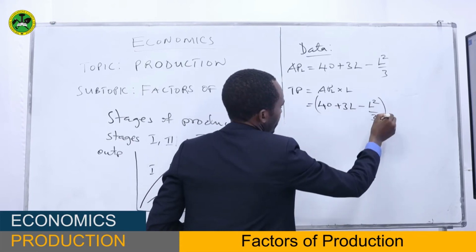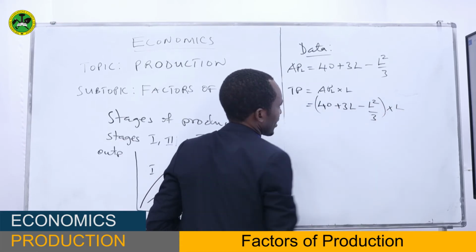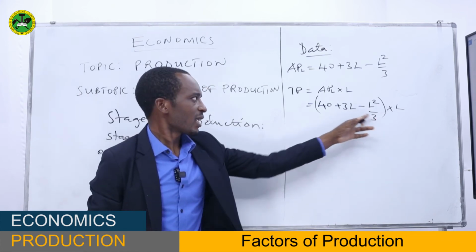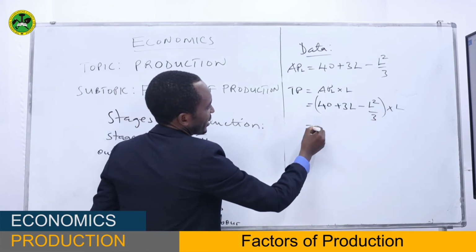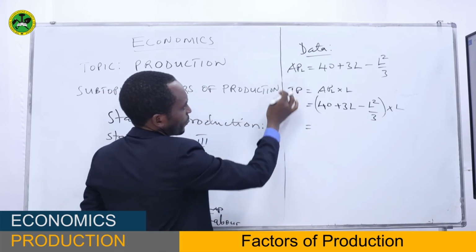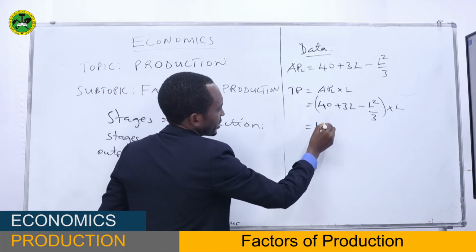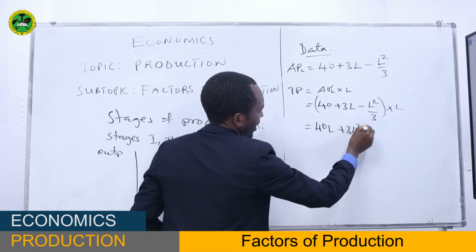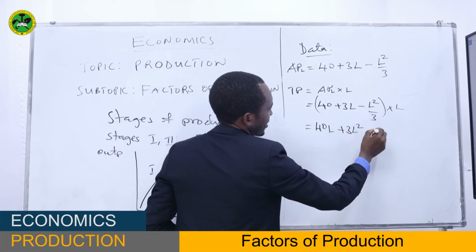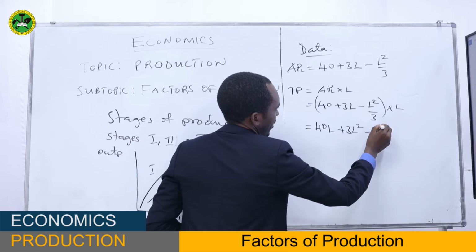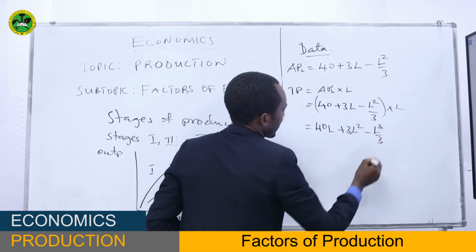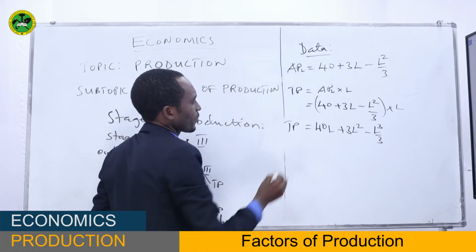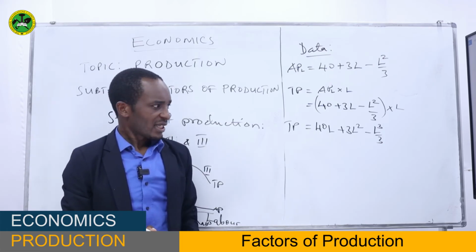Then all this will be multiplied by L. So when you multiply, the total product will be equal to 40L plus 3L square minus L cube over 3. So this will be the total product.